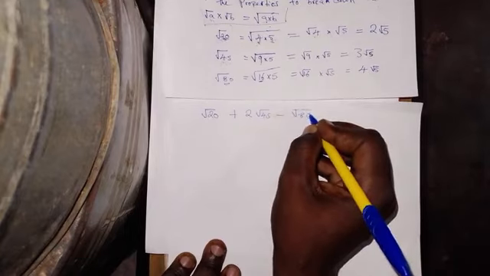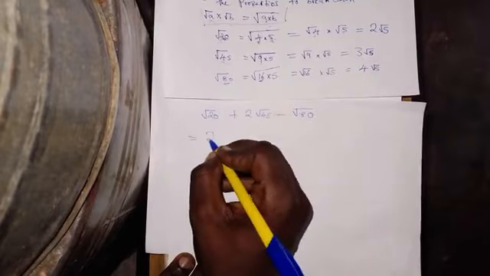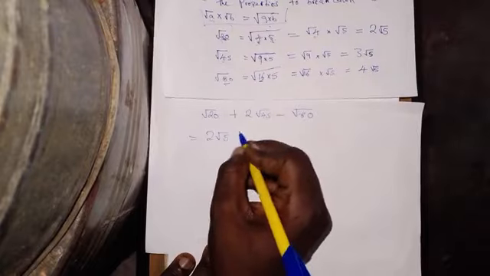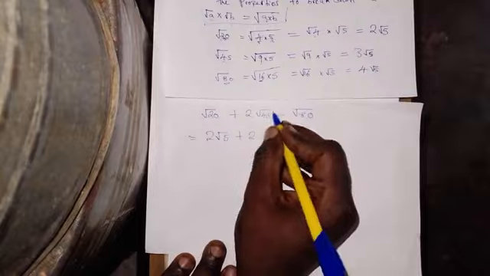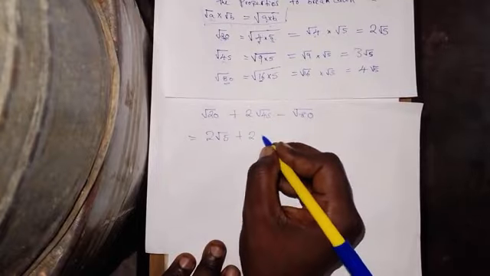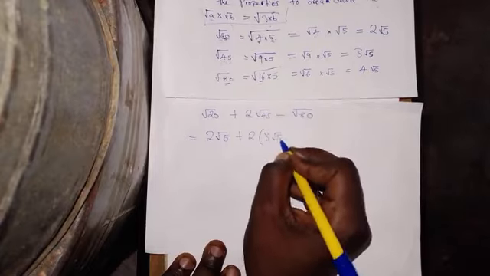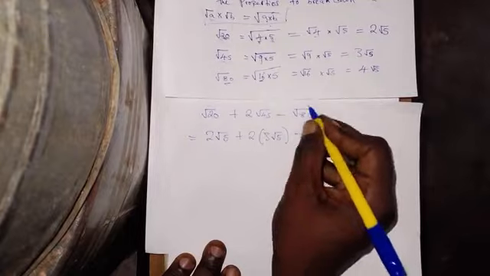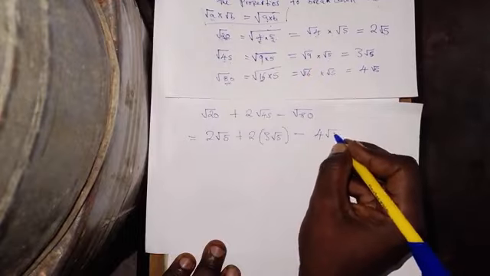How do I simplify this? The root of 20 has been simplified to 2 root 5, plus the root of 45 has been simplified to 3 root 5, minus the root of 80 has been simplified to 4 root 5.